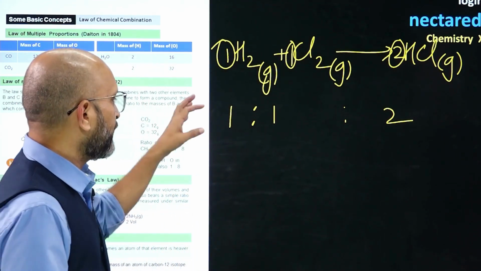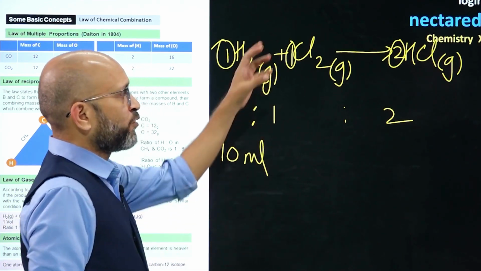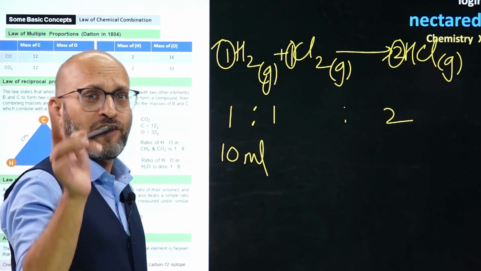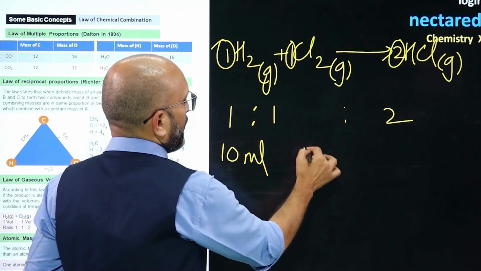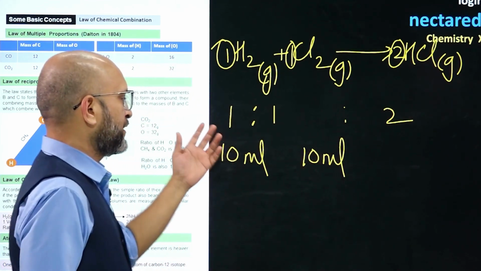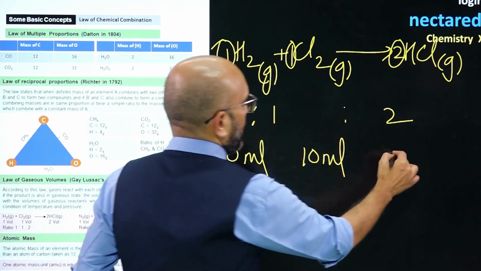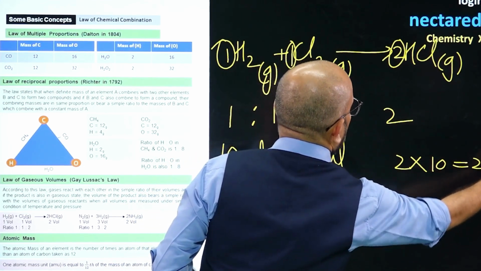That means if I take 10 ml of hydrogen gas, then the chlorine volume that reacts with 10 ml of hydrogen gas will also be 10 ml, because the ratio is 1 is to 1. So 10 ml of this reacts with 10 ml of hydrogen to give you 2 into 10, that is 20 ml of HCl.